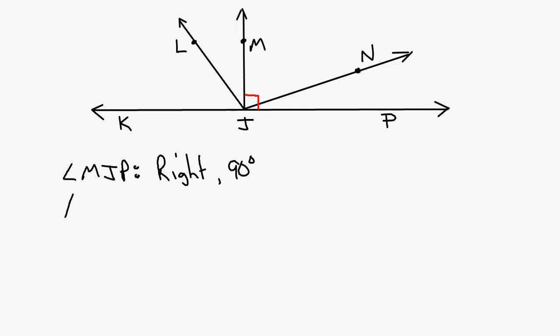Let's look at angle NJP. Acute, right, or obtuse? Acute. And let's estimate its measure. 30 degrees, looks good.